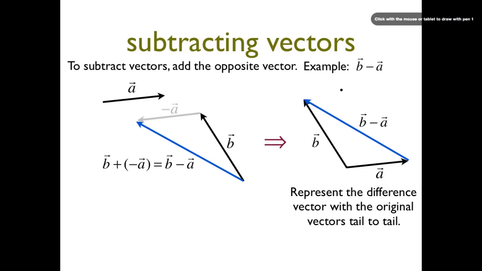Another way is you can just try it both ways and see which way the addition works. So what would be true in this case? Would b plus b minus a equal a, or would a plus b minus a equal b? Looking at where the arrows are.